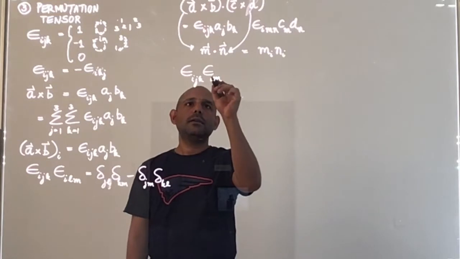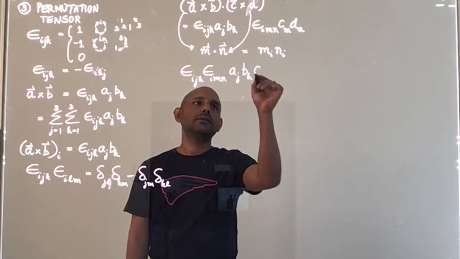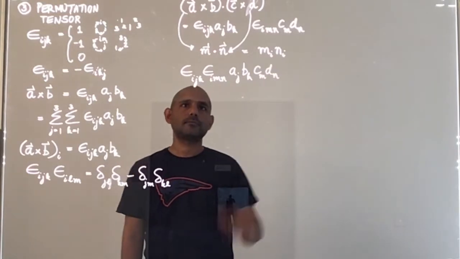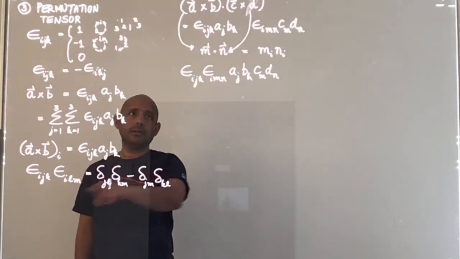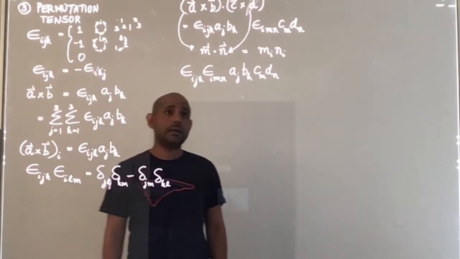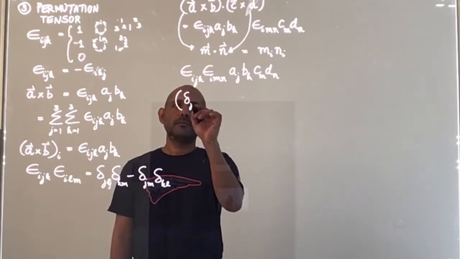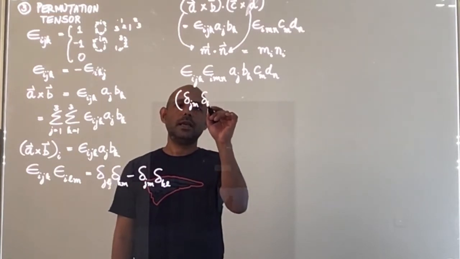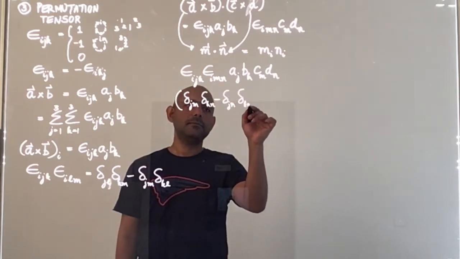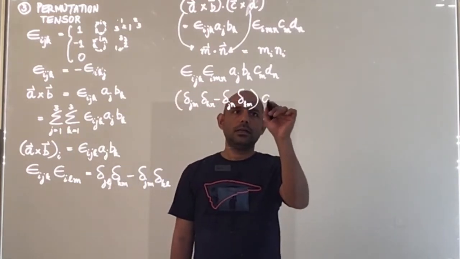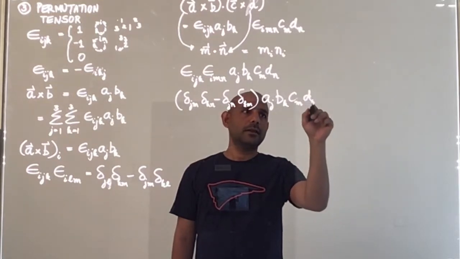So I, M, N, A, J, B, K, C, M, D, N. Now we make use of this property that there is a common index which is I. So this is delta Jn delta Kn minus delta Jn delta Kn, and this long train of Latin alphabets. Okay.